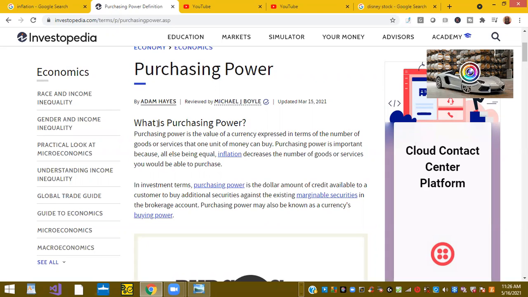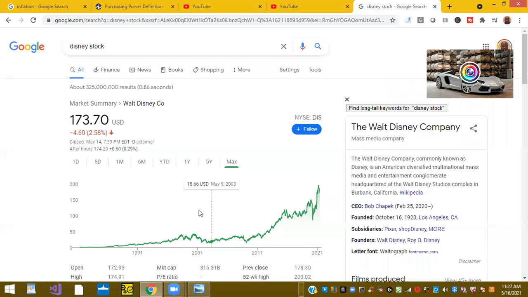To fill up a gas tank, it's going to cost you $40. Well, back 20 years ago, at $1 something a gallon, it was only going to cost you $20. And so now we have the average cost of a gallon being $3 and some change, and that does affect you. But let me show you some quick magic about the stocks.